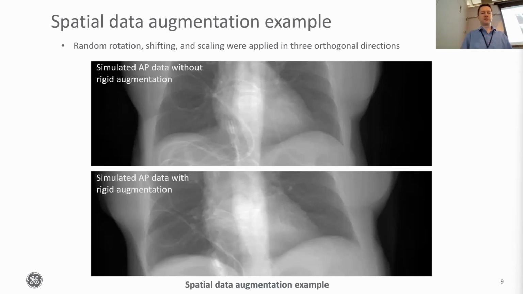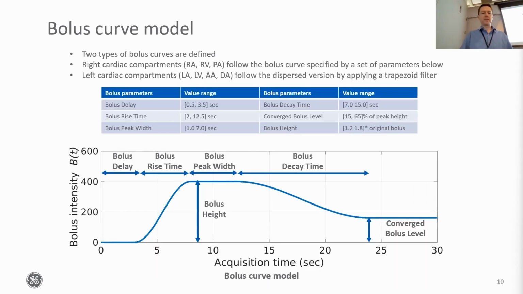This shows an example of a projection that we generated without any augmentation, no rotation, scaling, or motion. And this one is the same patient with some rotations and so forth, so you can get the sense of what kind of transformations we're applying. You can see that things are a bit rotated and scaled in this lower image.